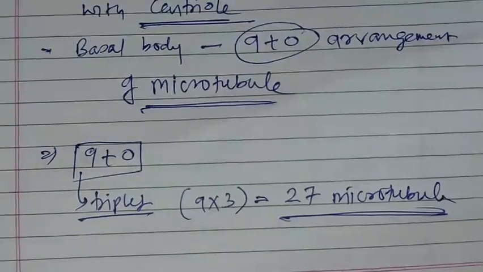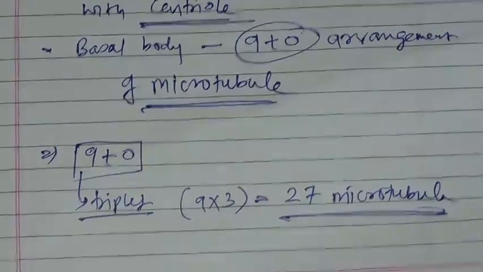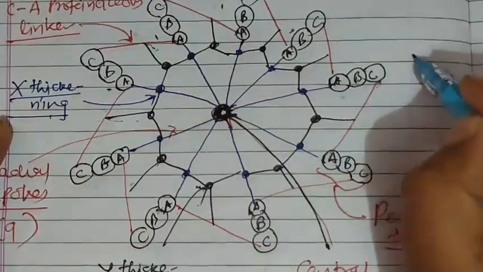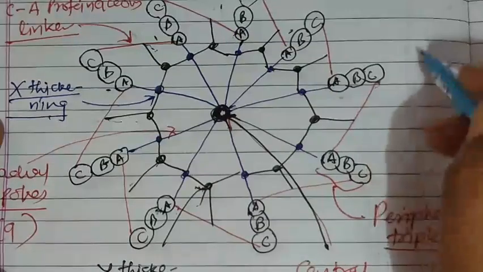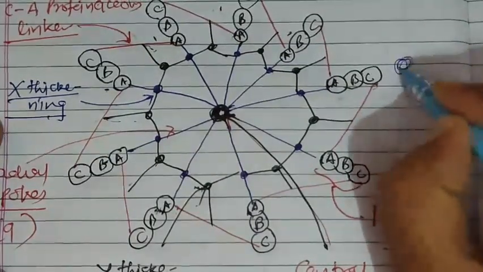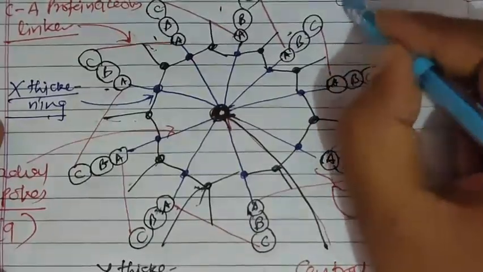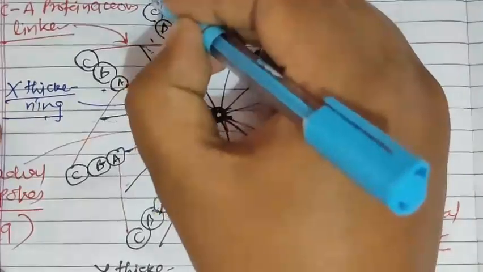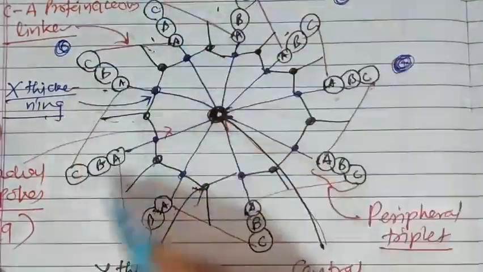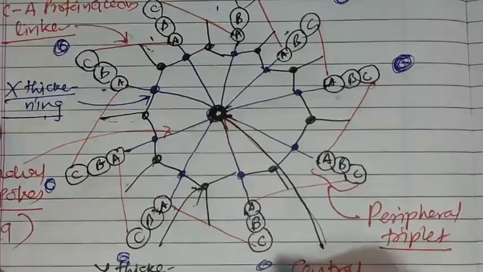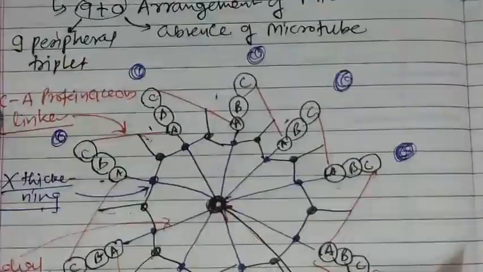Now next we talk about a similar type of structure in case of cilia and flagella. Dear students, one thing we have not considered in this part. You remember that there is one structure which is found in front of this C microtubule in centriole. This is the fibrous structure.